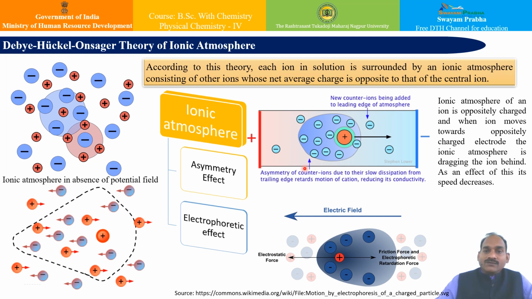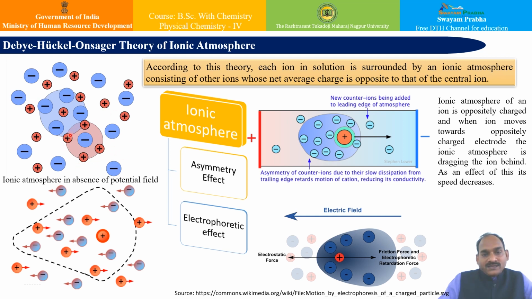This variation of conductance of strong electrolyte in dilute solution can be explained on the basis of Debye, Huckel, and Onsager theory. According to this theory, each ion in solution is surrounded by the ionic atmosphere. You can see here, isn't it?